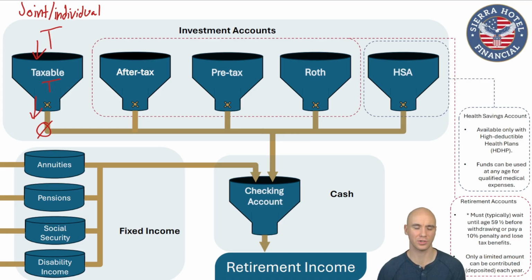So the first one is a sort of rare account. Most people won't ever really see this, honestly, in their financial life. But this is an after-tax account. So the main two, I shouldn't say only, but the main two scenarios that an after-tax account is going to come up is in a traditional IRA that has not been deducted.